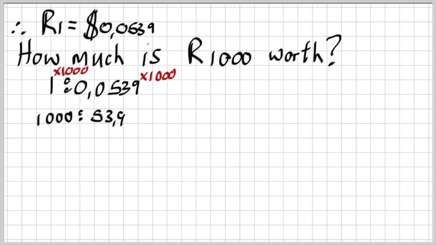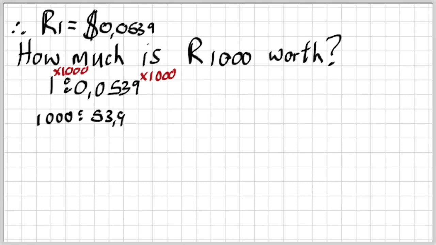That means that 1,000 Rand is worth 53.9 US dollars. I know that a lot of you would have gone and said, but this is so obvious. I could have just times that 0.0539 by 1,000. And that's exactly what we did.